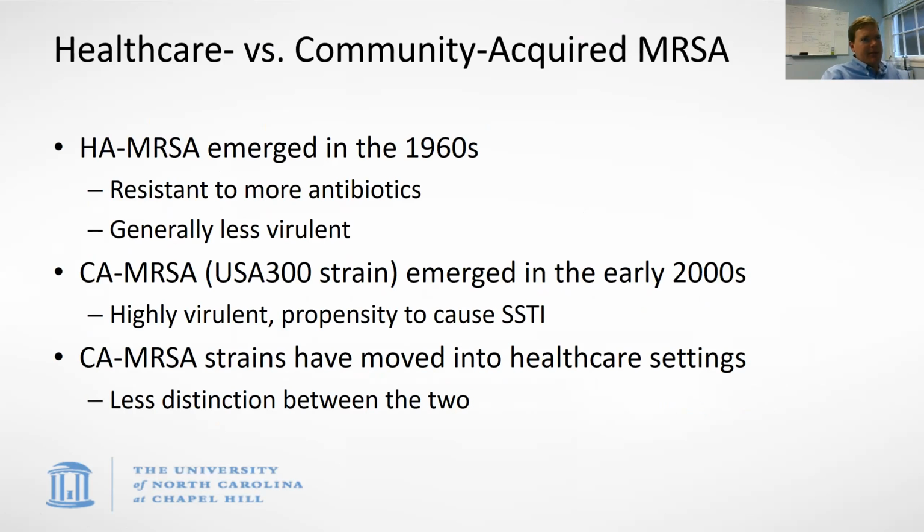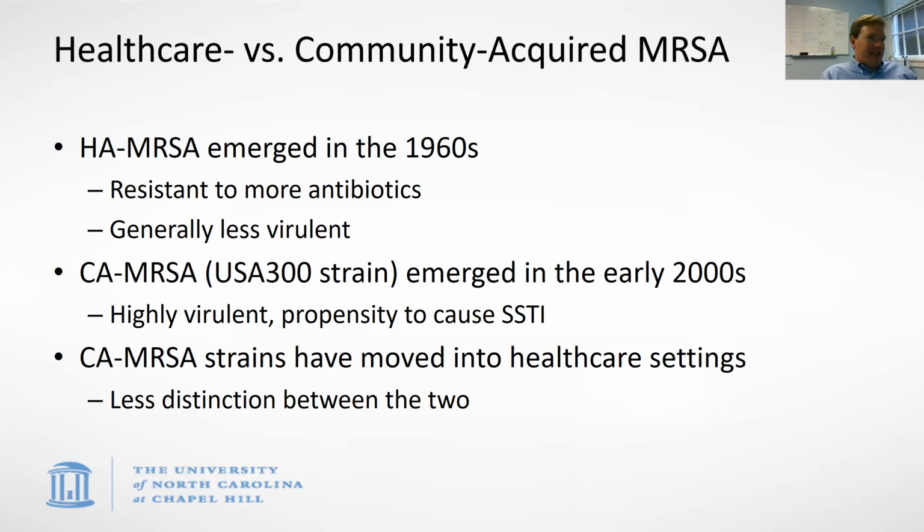It was typically resistant to Bactrim, for example, which is really rare now. But it was less virulent. It caused less severe infections, more analogous really to Enterococcus than the MRSA that we think of right now. But it stuck really well to things like ET tubes and to indwelling catheters.